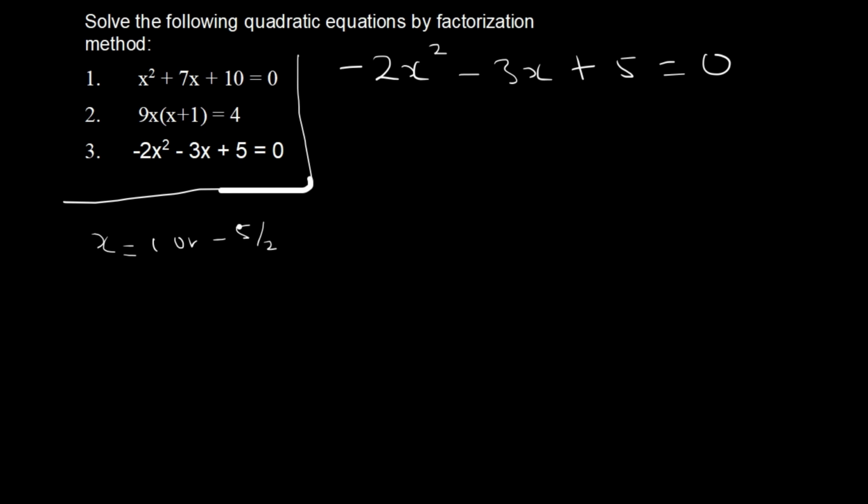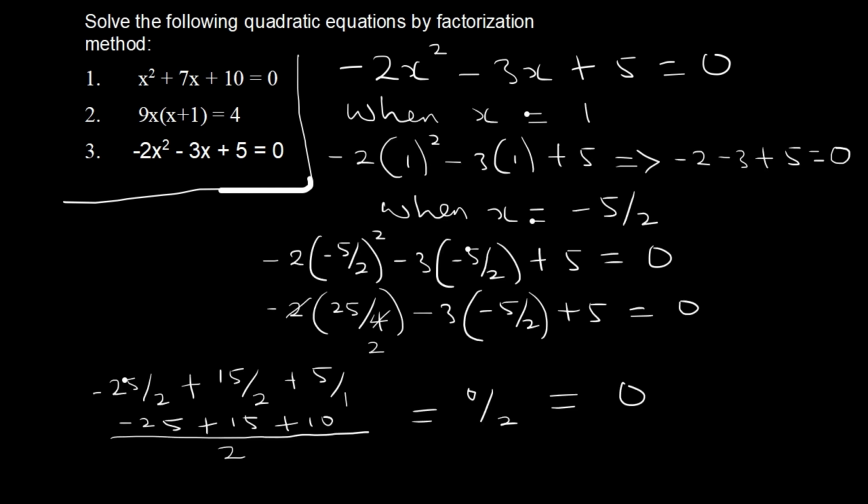So let's do that. So when x is equal to 1, we substituted and we got 0. And when x is equal to minus 5 over 2, we also substituted and got 0. So our answers are very correct.